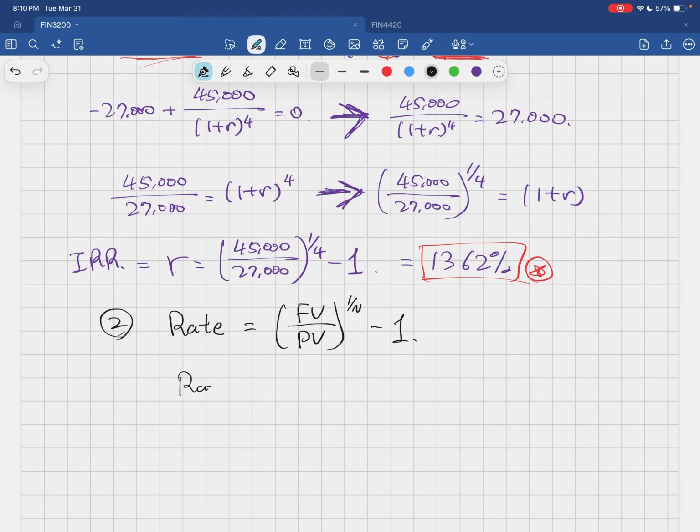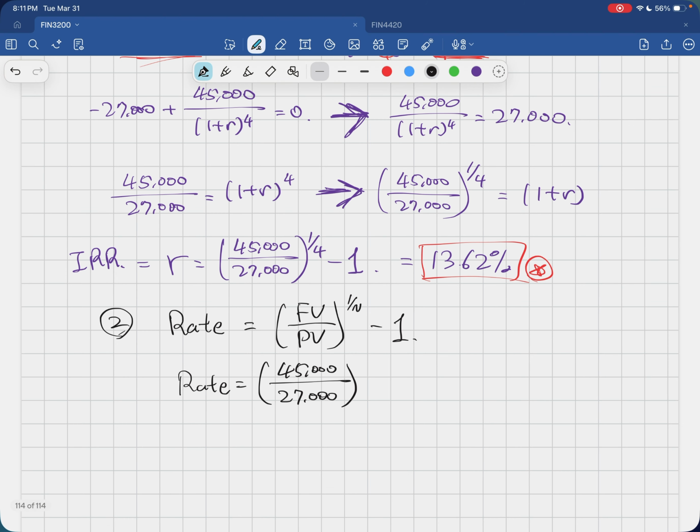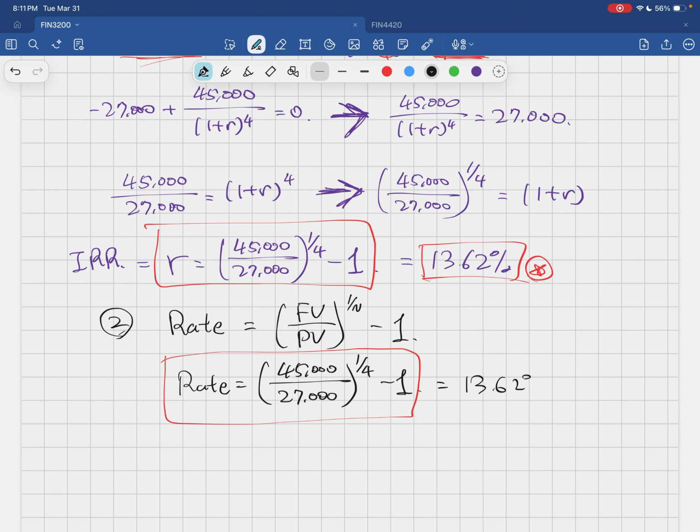For this rate, we use $45,000, but for the present value, we want to put in a positive number, even though the $27,000 was a cash outflow. Okay, and 1 over 4th power minus 1. So if you look, we have the same expression as before. Okay? It's just how the formula is derived. That is 13.62%. So the same answer.